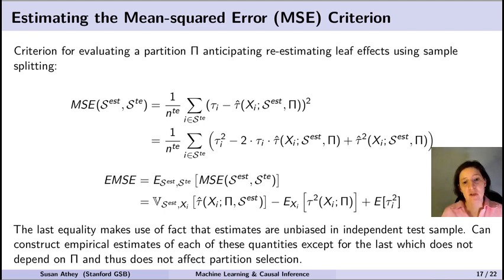And what I want to do is, at the time that I'm choosing my partition, I want to choose my partition pi in such a way that in expectation it will do well in minimizing mean squared error in a test set. So at the time I choose my partition pi, I won't know my S^est and my S^te. But I'm going to try to choose my pi to do a good job on that in expectation.